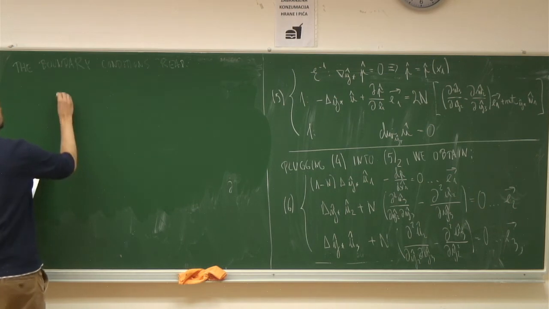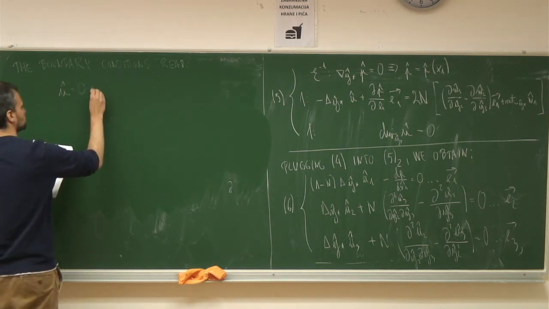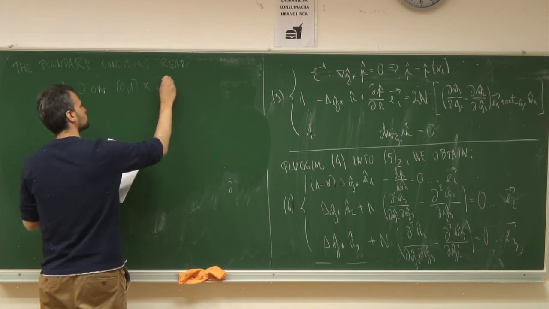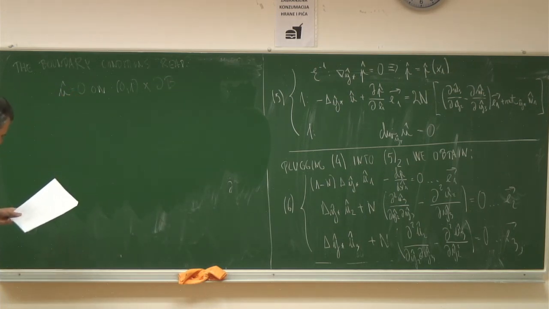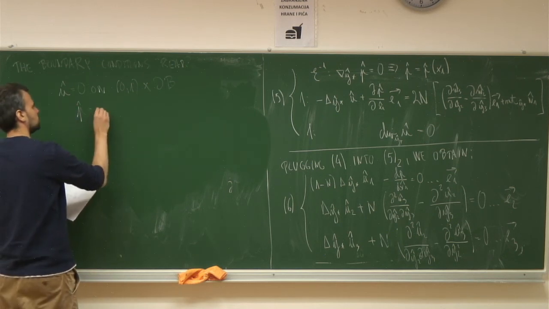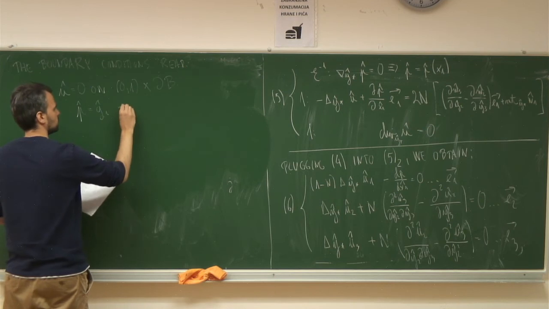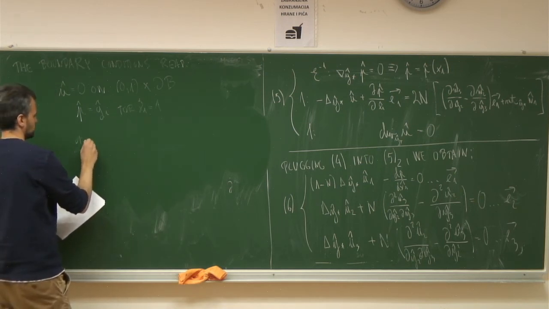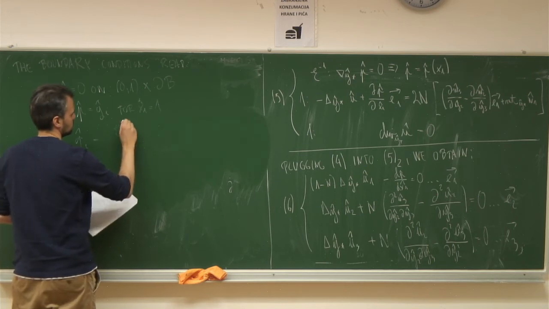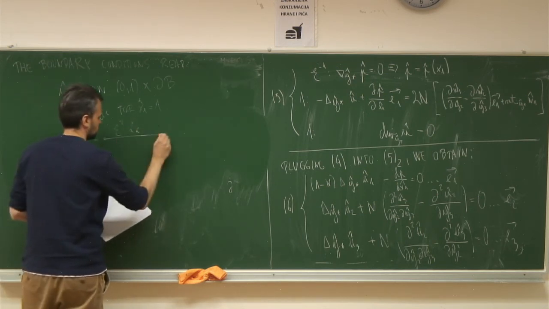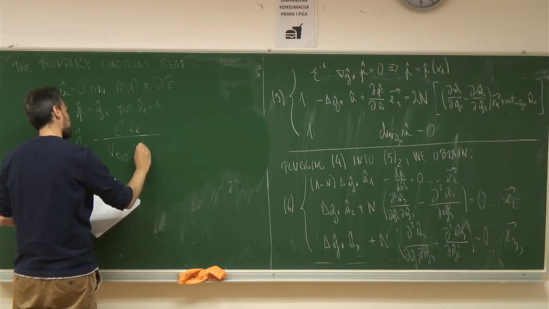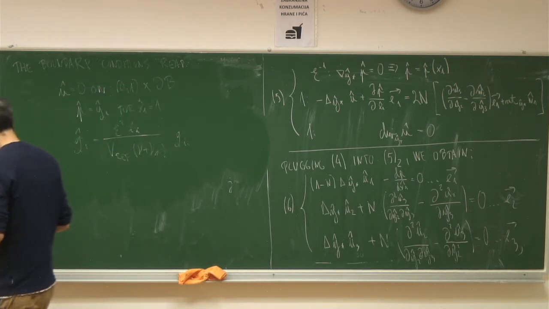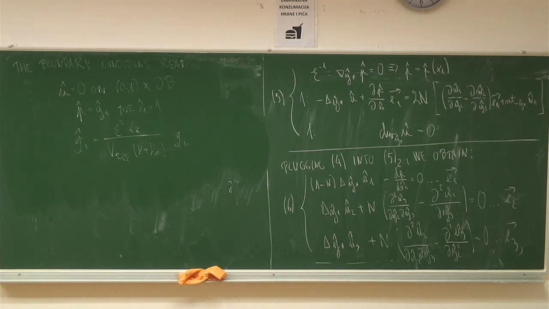So the boundary conditions read u kappa is 0 on 0, 1 times the boundary of B, and P kappa is Qi kappa for x1 equals 1, where Qi kappa is epsilon squared Li over B ref Ni plus Ni R Qi. Okay.